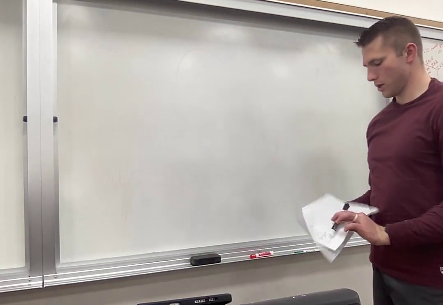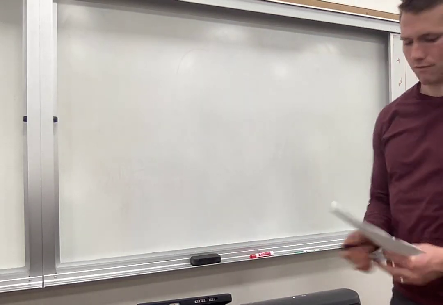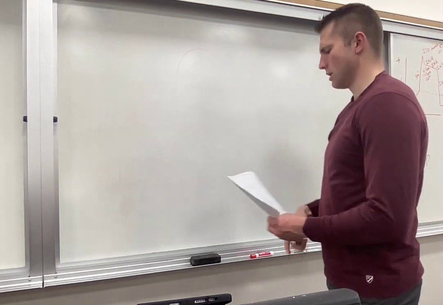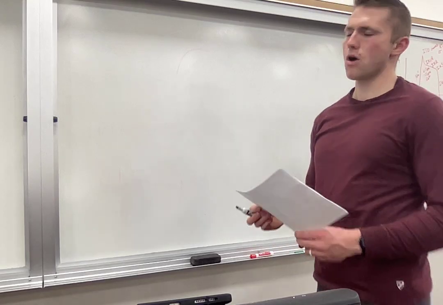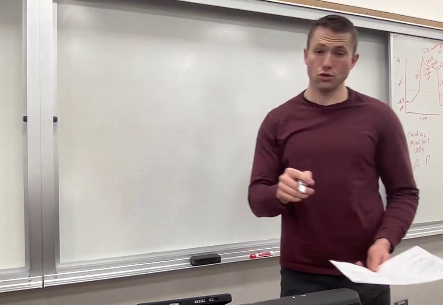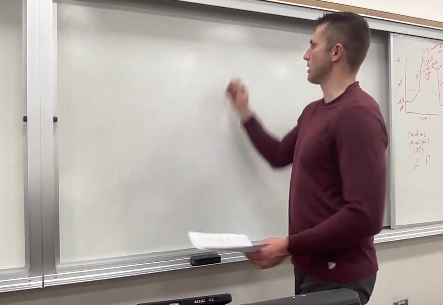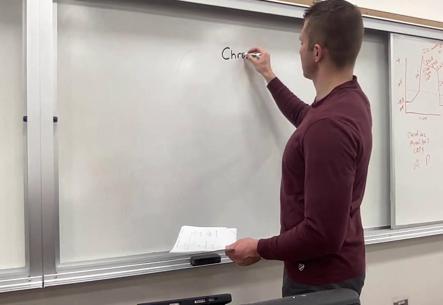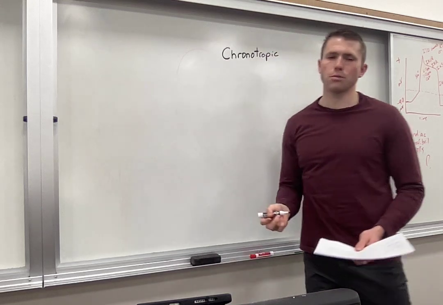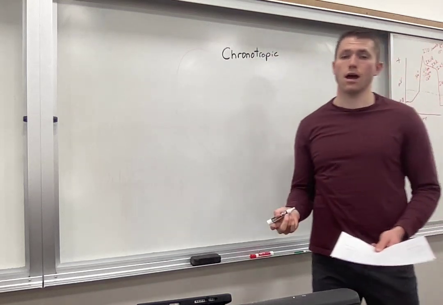I am going to summarize and try to work faster through this because we're already at an hour. Jeez. Okay. Negative chronotropic. So I've introduced you to inotropic, lusitropic. Now we've got to talk about chronotropic. Chronotropic has to do with time.